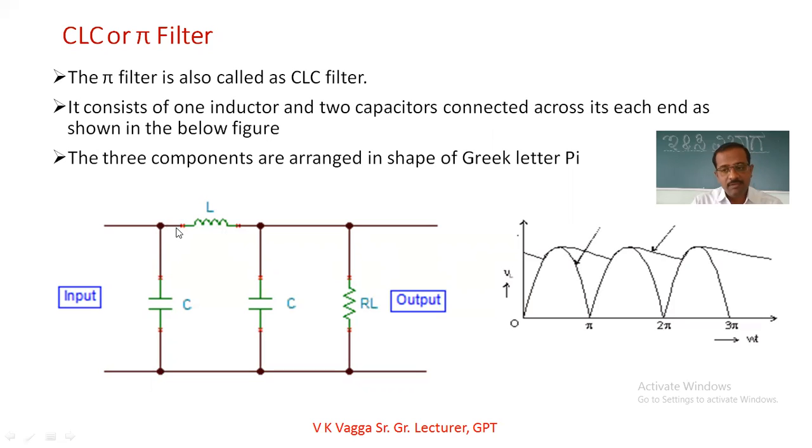If any AC component is still present, the inductor blocks it and allows only the DC to pass. At this point again, any AC available flows into the ground, and at the output it takes only the DC.